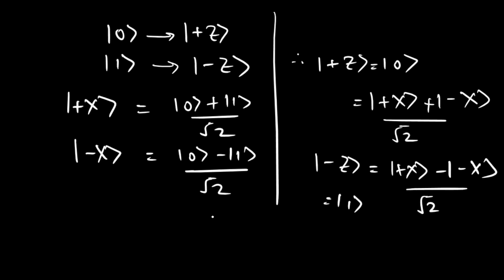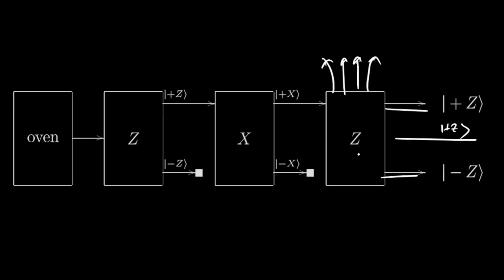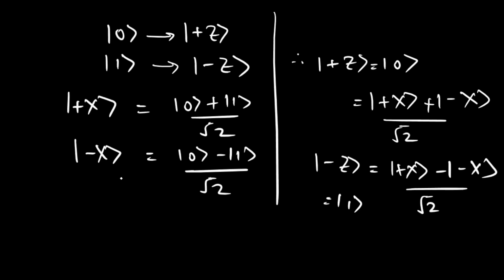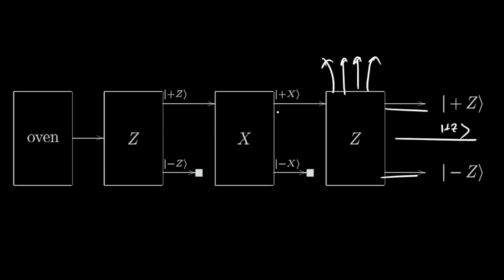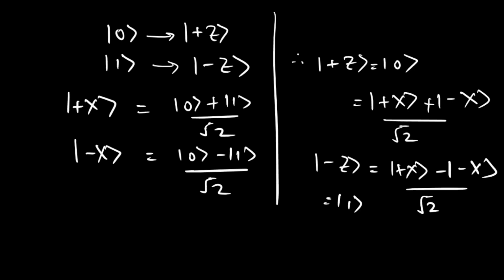This also implies that the Z Stern-Gerlach apparatus measures the spin in the computational basis 0 and 1, whereas the X Stern-Gerlach apparatus measures the spin with respect to the basis (0 plus 1) by root 2 and (0 minus 1) by root 2. Also, the probability of getting the plus z state from the third apparatus is half, and the probability of getting the plus x state from the second apparatus is also half.